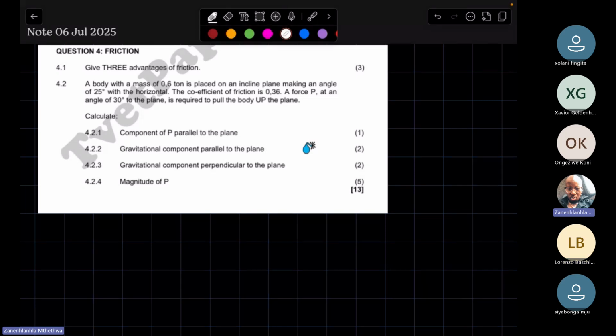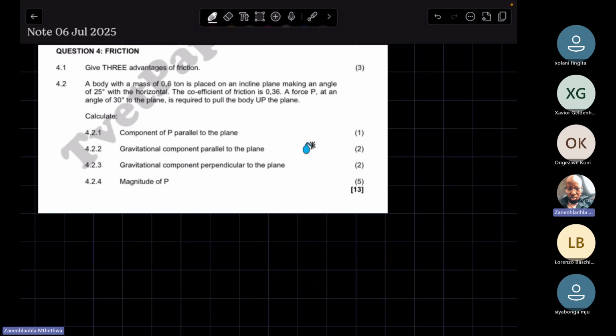Okay. Now let's look at question 4. Question 4.1, give three advantages of friction, that you'll be able to answer looking at the notes I sent on friction. So that you can do on your own. Now 4.2 reads as follows.